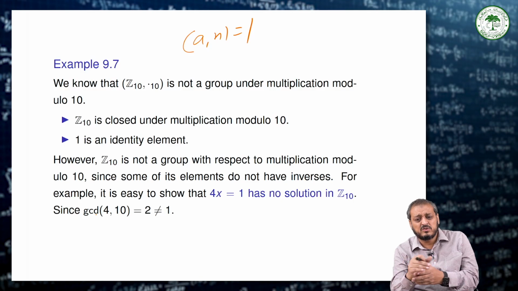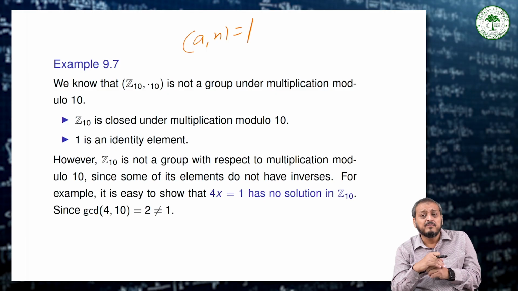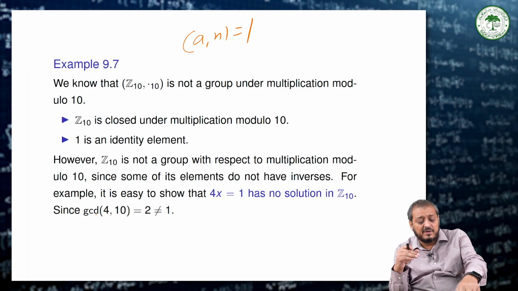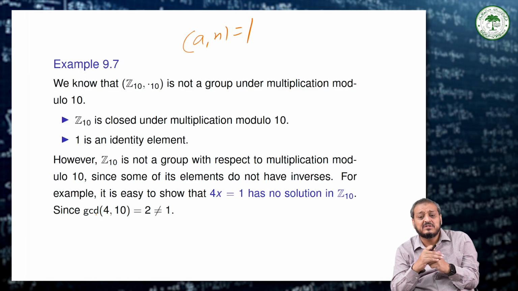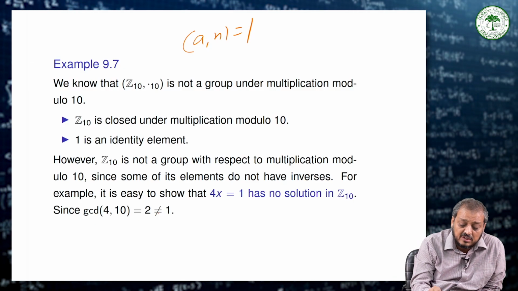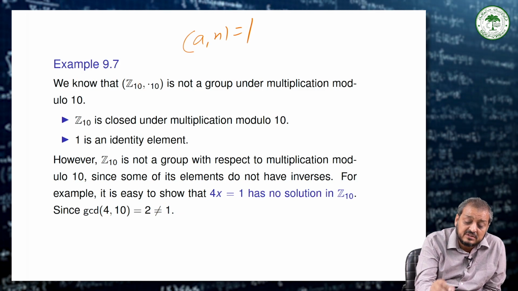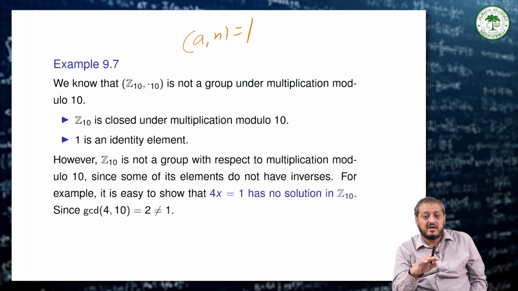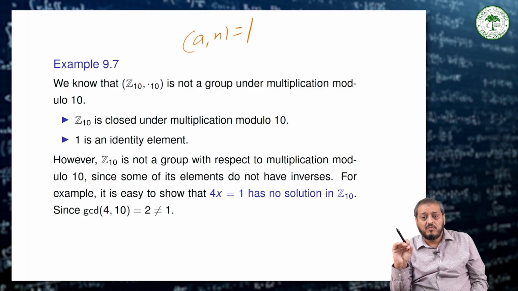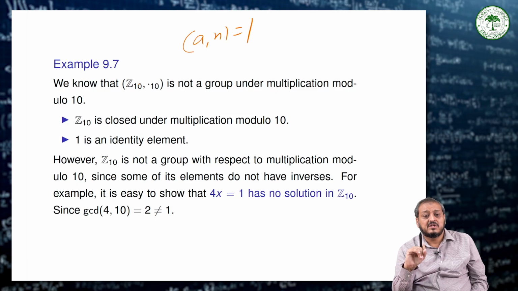So clearly the GCD of 4 and 10 is 2, which is not equal to 1. So the set Z10 under multiplication modulo 10 is not a group because the inverse does not exist in this case.